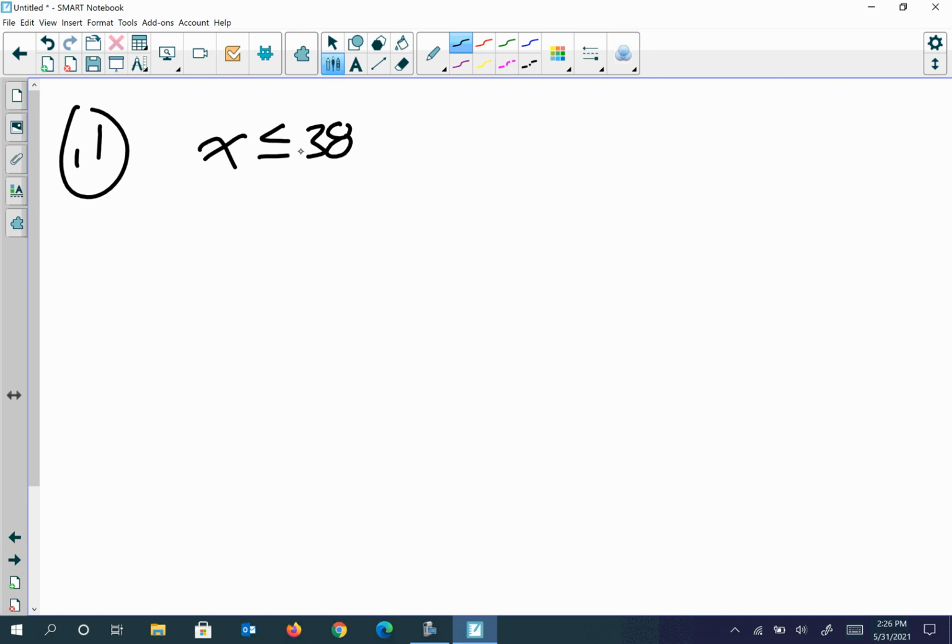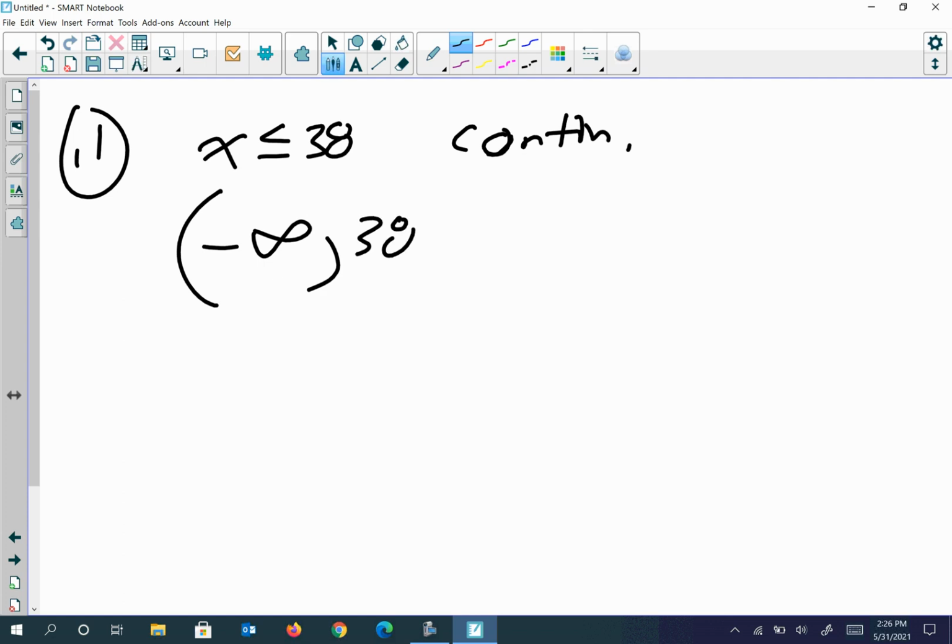So this is continuous data. And then the interval notation, I mean, how cold are we really going to get? Theoretically, mathematically, we're going from -infinity to 38 square bracket. We probably would never get down to -infinity for a temperature, but mathematically, we're fine.